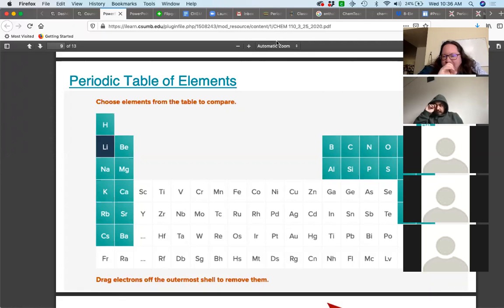So the question from Heba is, why is the atomic radius for helium smaller than for hydrogen when helium has more electrons than hydrogen? So I want you to think about that for a moment. What might be a reason why hydrogen is larger than helium?